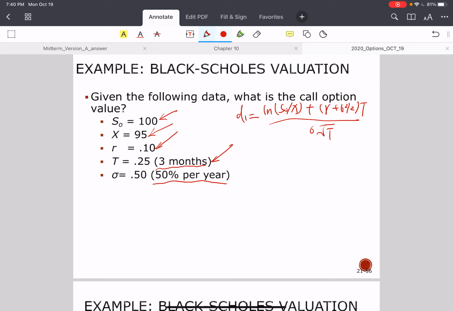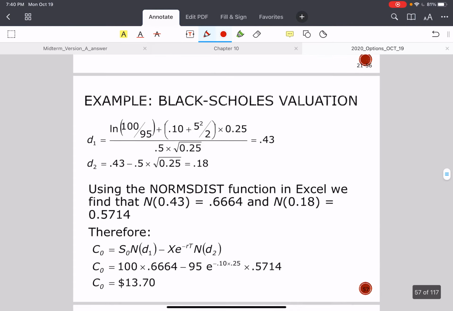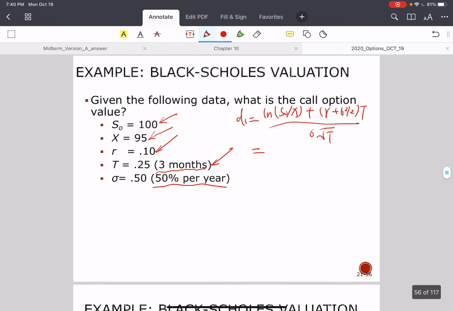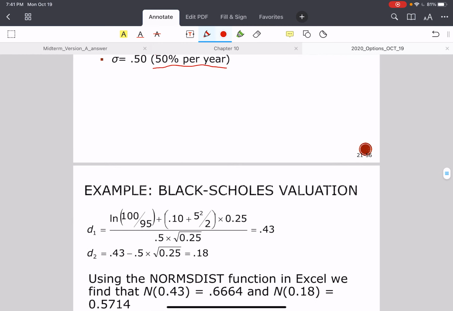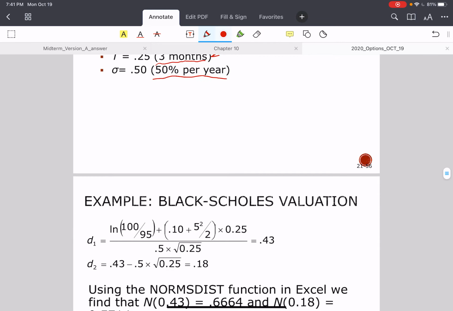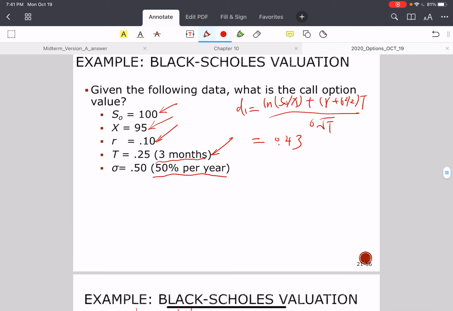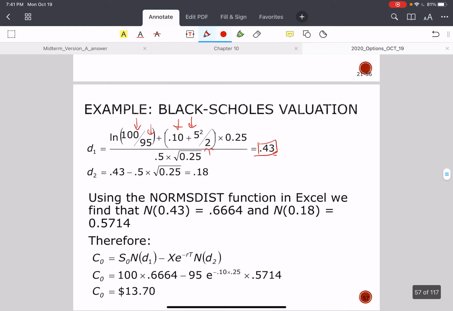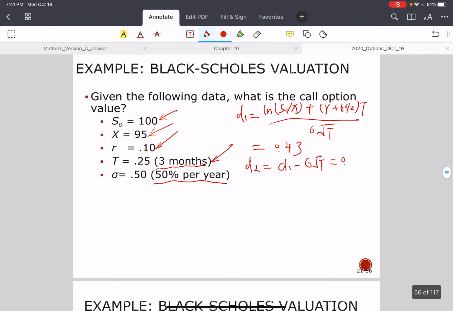So you could just plug in numbers here, and this will give you 0.43. Of course, if you're at home reading this lecture note, and you have time to exactly plug in these numbers and check, you will indeed get this 0.43. And then d2 equals d1 minus sigma times square root of T. So again, plugging numbers, right? So this gives you 0.18.